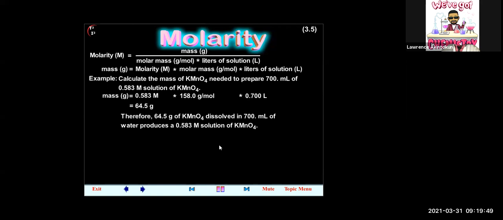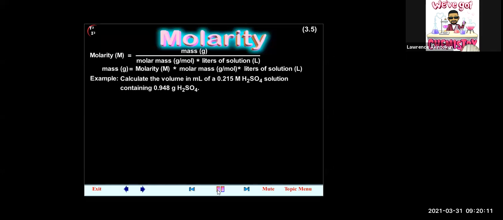Therefore, 64.5 grams of KMnO4 dissolved in 700 milliliters of water produces 0.583 molar solution of KMnO4.